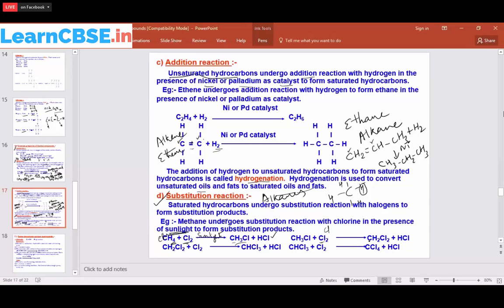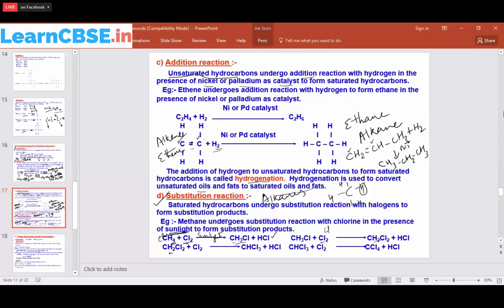Again, if more chlorine is present, this we call dichloromethane. There are two chlorine atoms present in this, so we call it dichloro. One carbon atom is present, so methane. So dichloromethane. Now, this dichloromethane, again, if it reacts with one more chlorine molecule, one of the hydrogen atoms is again replaced with chlorine.